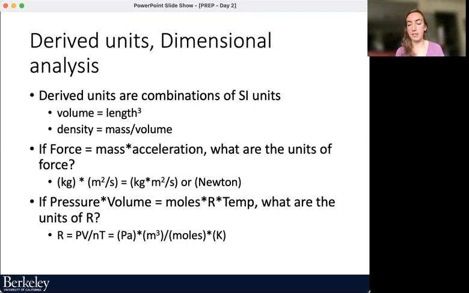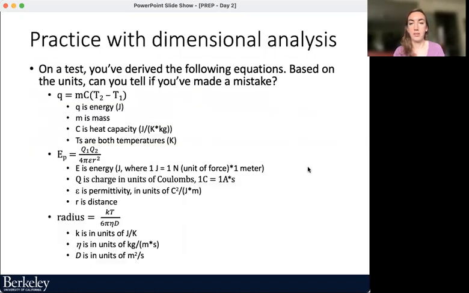I'm going to have you practice with dimensional analysis in just a second. I use this technique all the time, and it's not directly chemistry, but it's relevant to chemistry and also all sorts of other engineering stuff.